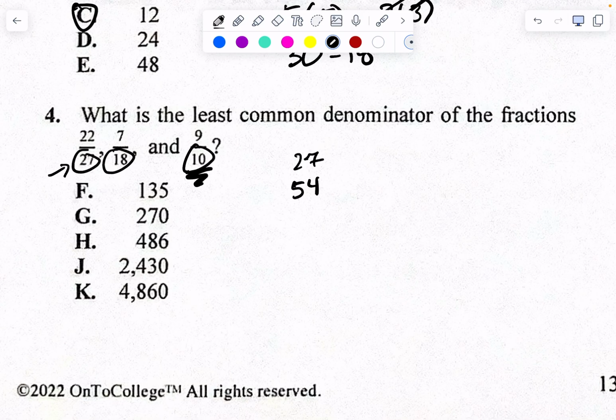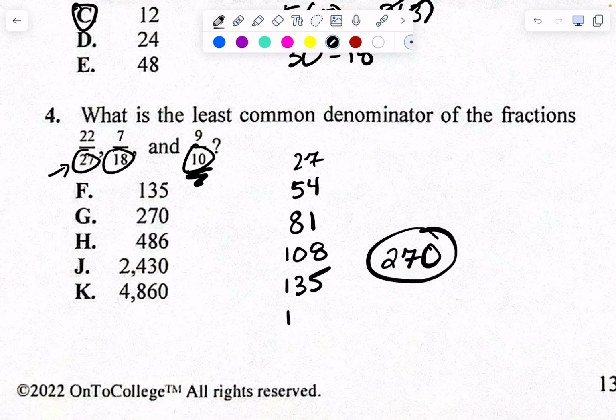The next one would be 81, not divisible by 10. Then 108, not divisible by 10. Next is 135, not divisible by 10. Then is it 270? Yeah, I bet 270 is it. Well, okay, this is stupid.